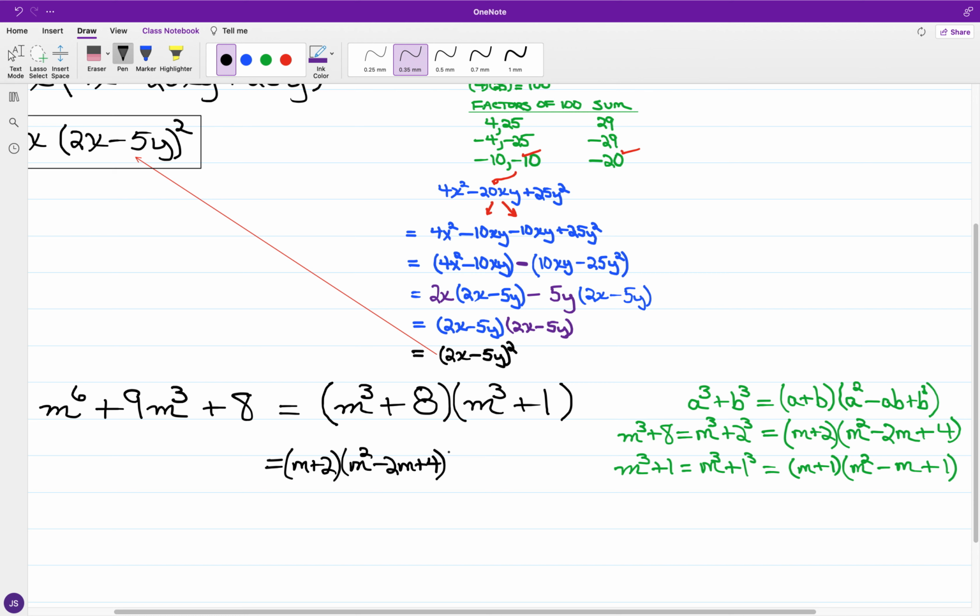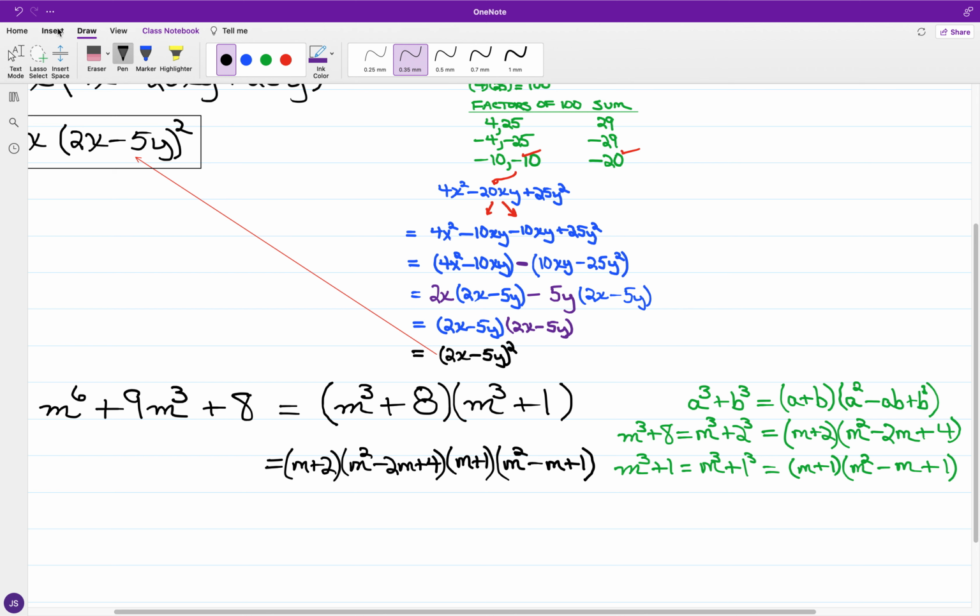And as for m cubed plus 1, we'll have m plus 1 times the quantity m squared minus m plus 1.